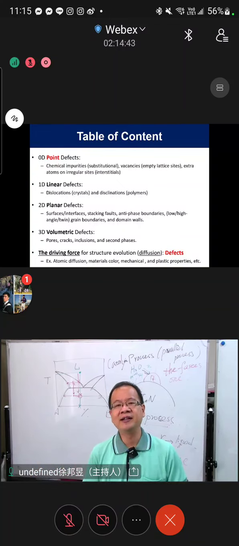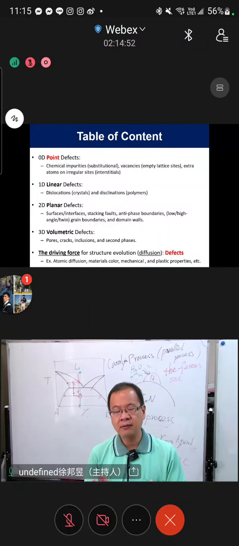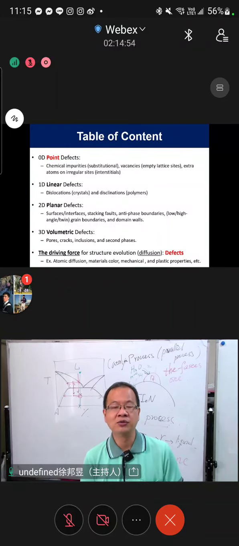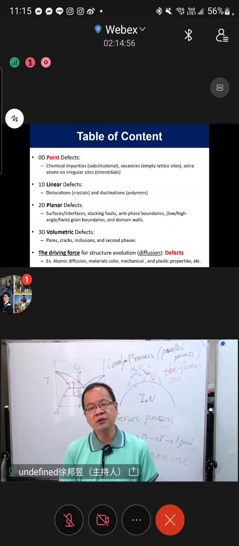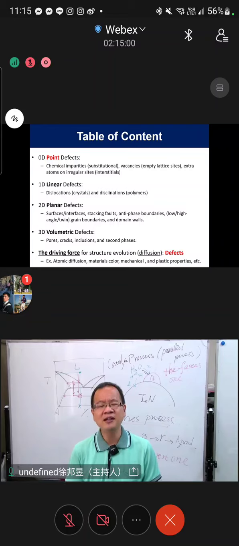It's out of the kinetics class you feel interested in, because most likely we try to grow good quality materials, right? And that kind of material has a lower concentration of defects. So typically you need to take care of defects on a much smaller scale. 3D is too large, so we don't teach that in this class.